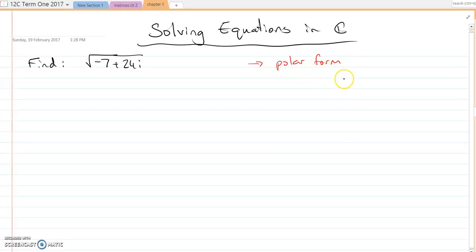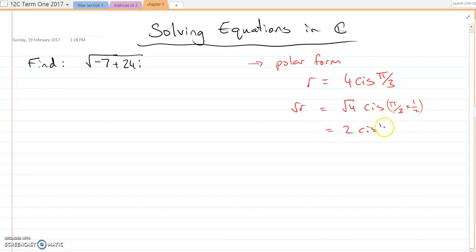Because if I have polar form, for example 4 cis pi over 3, and I want to square root that, the square root of r is going to be the square root of 4, and cis of pi over 3 times a half. So I just get 2 cis pi over 6. Square roots are very easy with this.